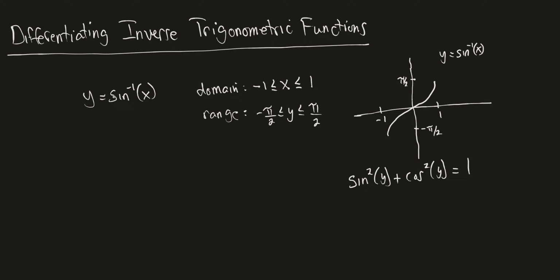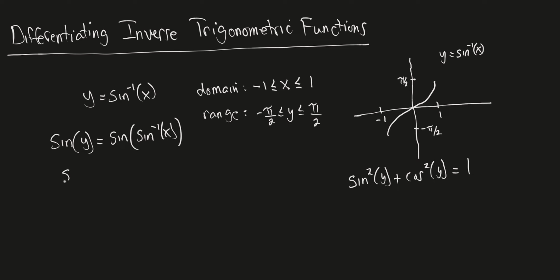So what we do is take the sine of both sides of this equation. If we do that, well, by definition, for all values of x between and including plus or minus 1, sine and arcsine are inverse functions, so they cancel each other out.